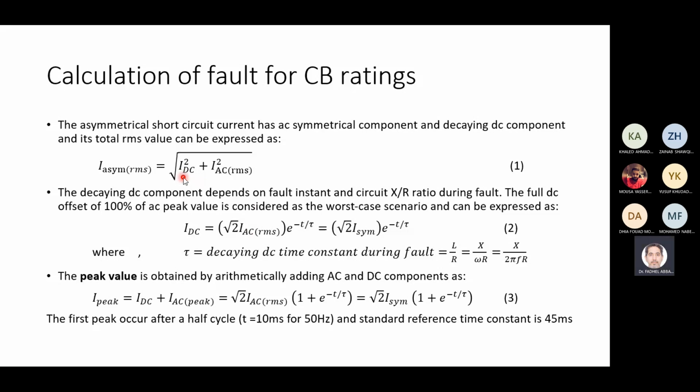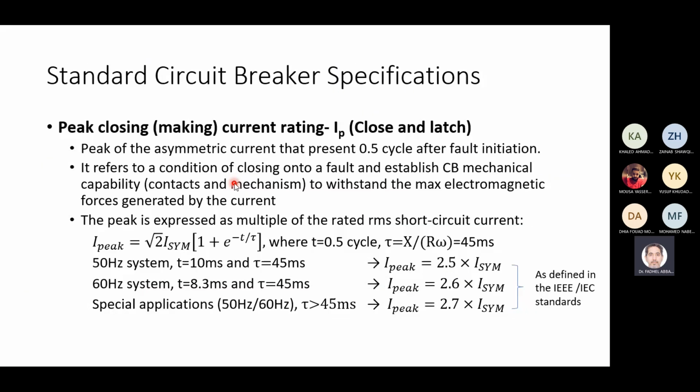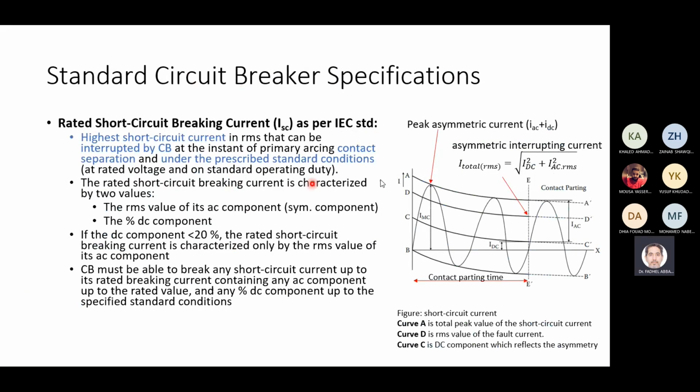But in the worst case, if we go to the fault current, this value of the DC will be the same as the peak of the AC component, when it is symmetrical.